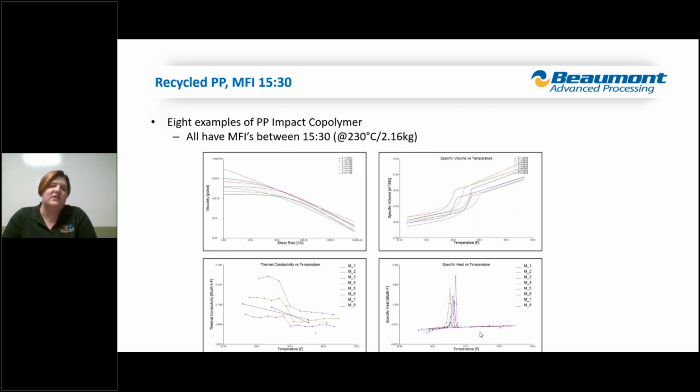Moldflow considers anything above the transition temperature molten, and anything below it solidified. That's important to me as an analyst because that's how we determine gate freeze. So you can imagine I'm going to get a wide range of gate freezes in theory on the same source material, depending on which one of these I would choose.